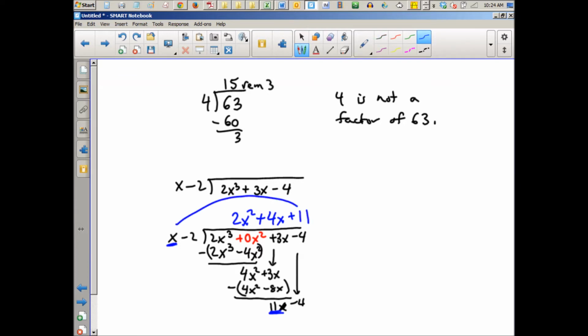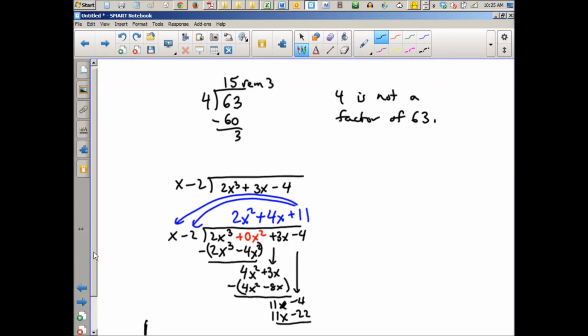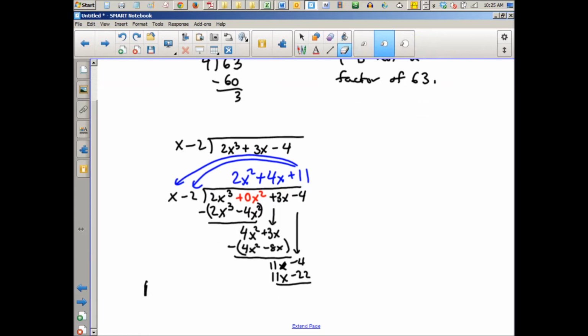And then multiplying 11 by x minus 2 just gives us 11x minus 22. But we are effectively adding that 22, as we said, so you're going to get 26. I'm sorry, it's actually going to be 18. Negative 4, and you're adding the 22.